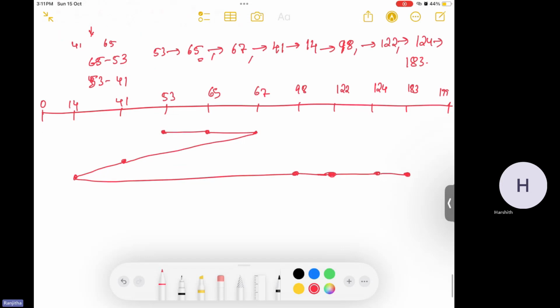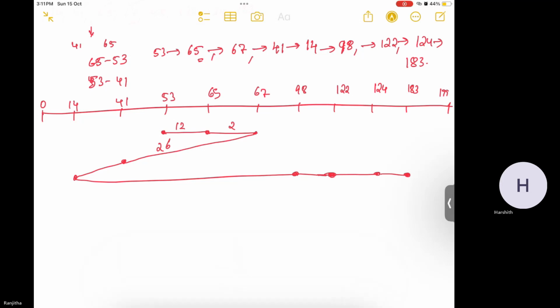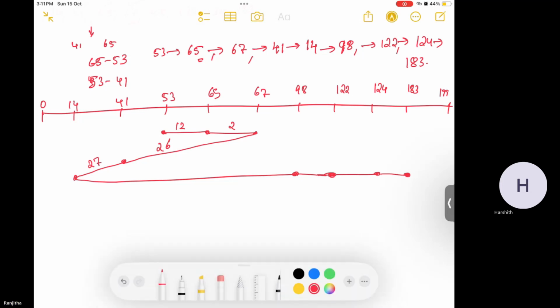So the total number of movements that is done is 12, 2, 98, 67 to 41 is 26, then from 41 to 40, 27. Then from 14 to 98, it is 84. Then from 98 to 122, 24, 2, and 59.